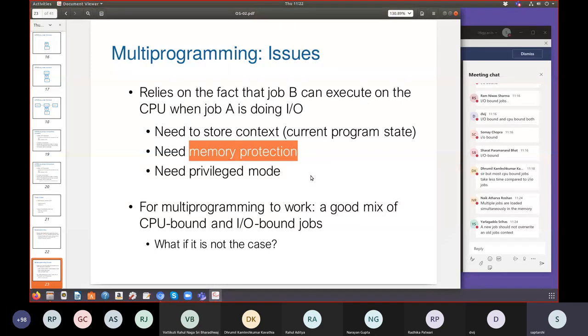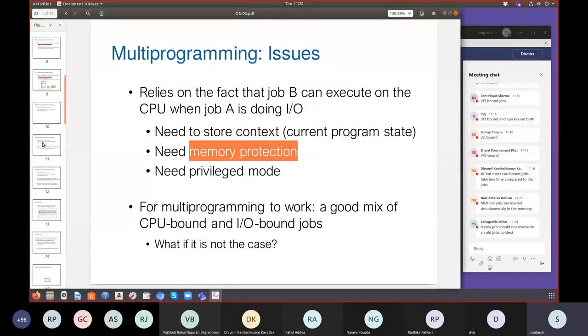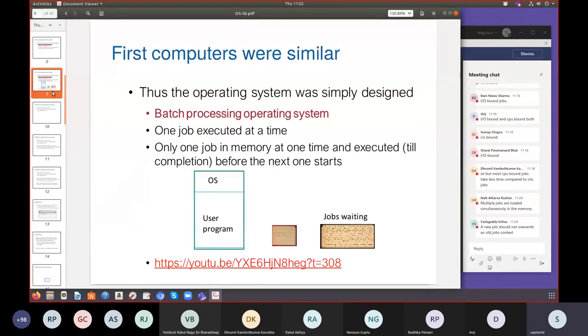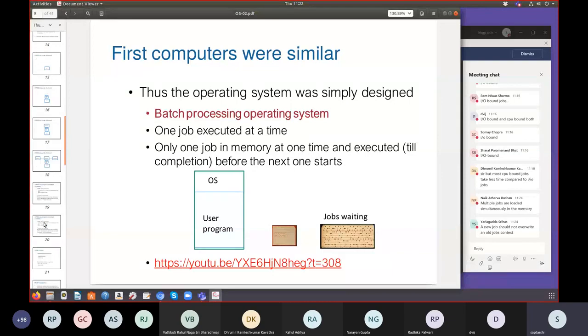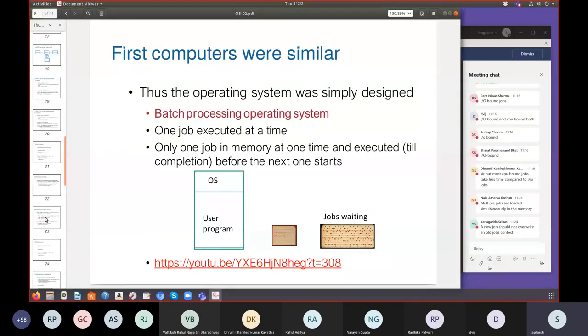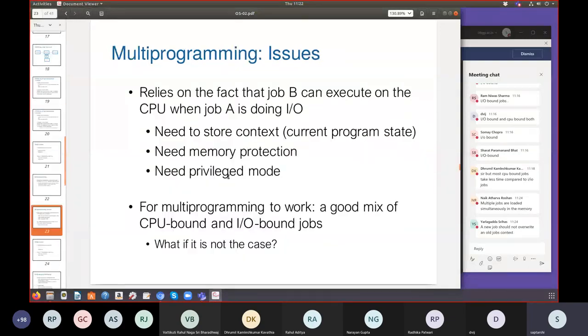In a batch processing system, let me just show you that picture once more if you have forgotten. This was a batch processing system. Can you see? The whole memory had only the OS. The OS will always remain in the memory at some part, but the whole memory was given to one user program. But now, going back to that multi-programming slide, we are talking about multiple jobs being loaded in the memory simultaneously.